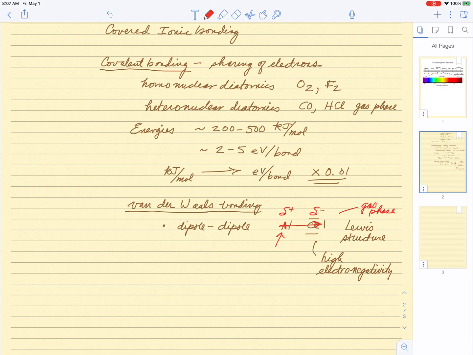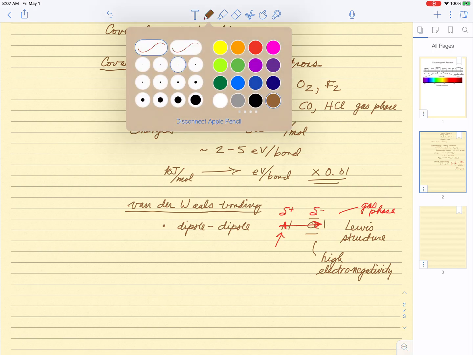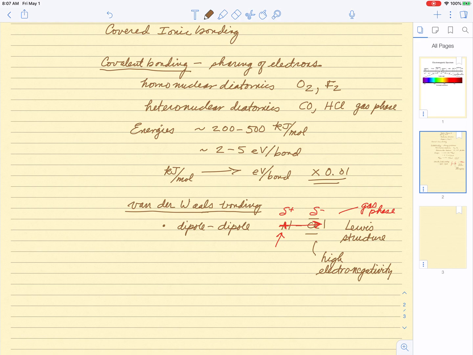In physics, the dipole moment vector is actually in the opposite direction, but that's a topic for electricity and magnetism, which all of you will take at some later time. So one can have dipole interactions. They're not necessarily bonding interactions, but they are electrostatic interactions between, in this case, gas phase molecules of hydrogen chloride.